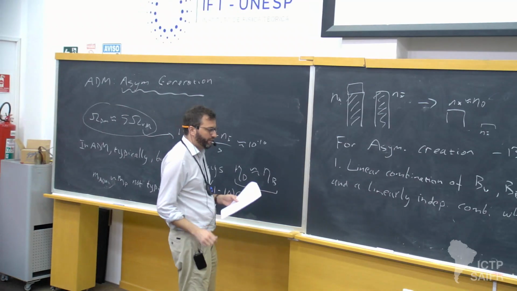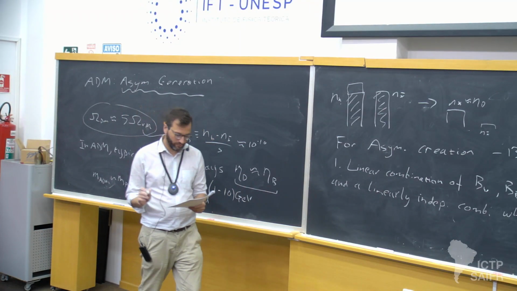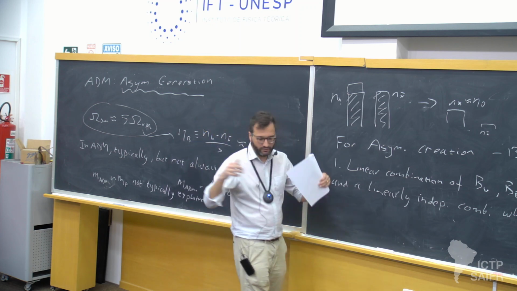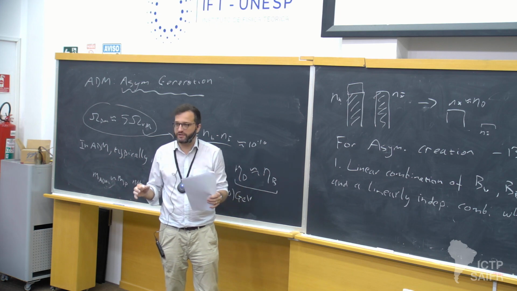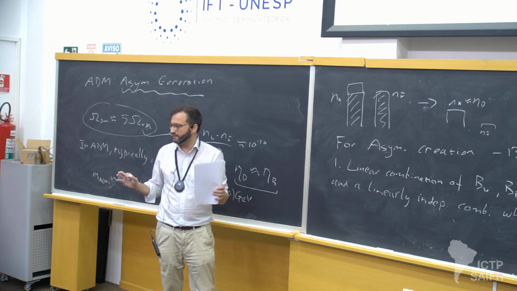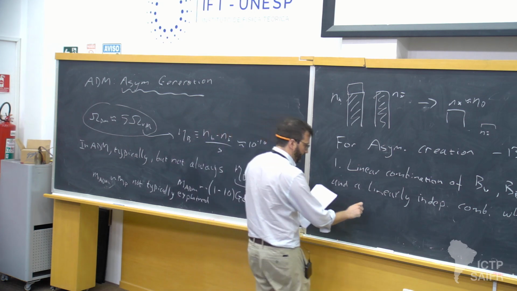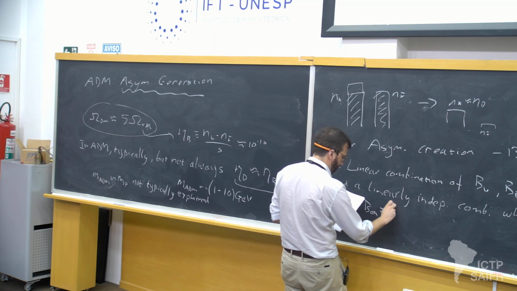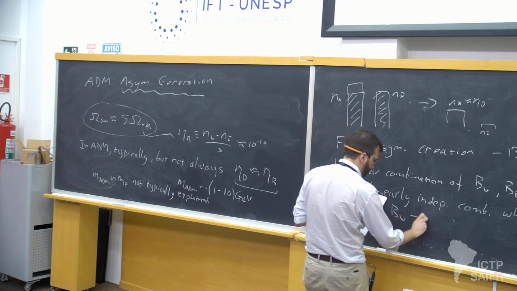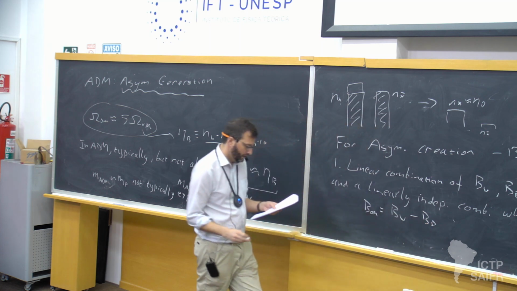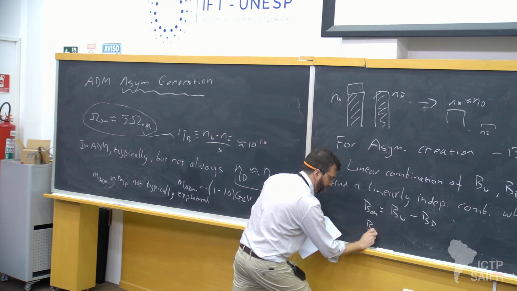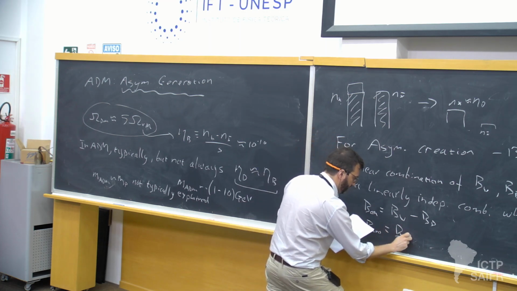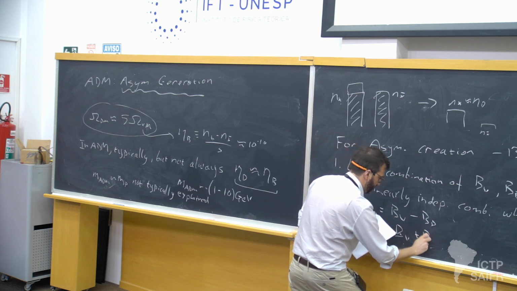If you have this case, it ends up that it's always possible to choose the charges of your dark matter fields so that the conserved B is equal to BV minus B dark, and the broken combination will be BV plus B dark.